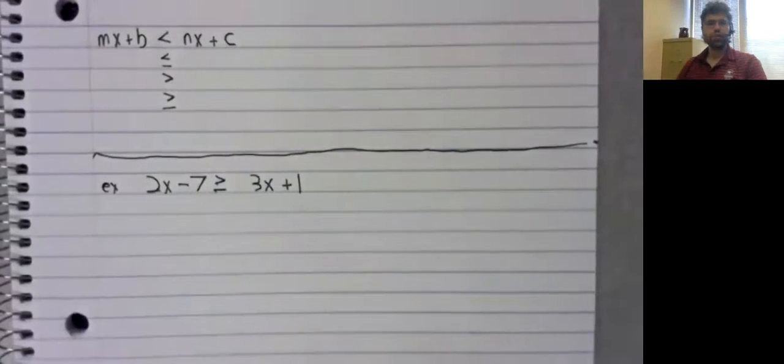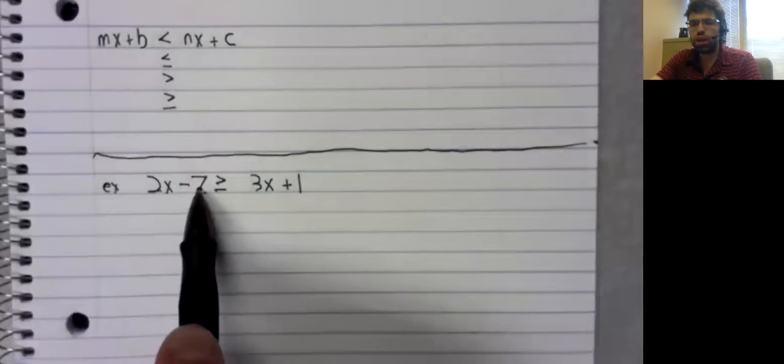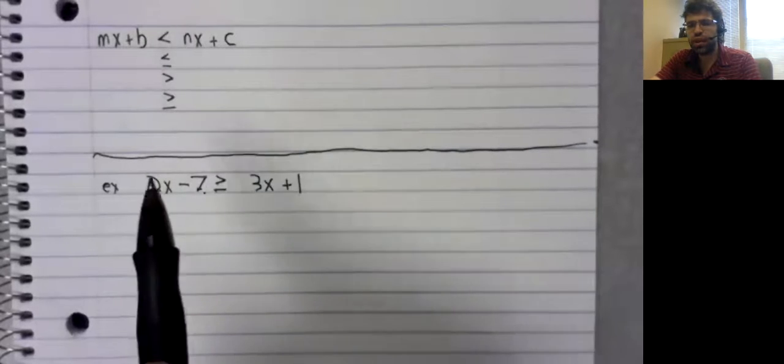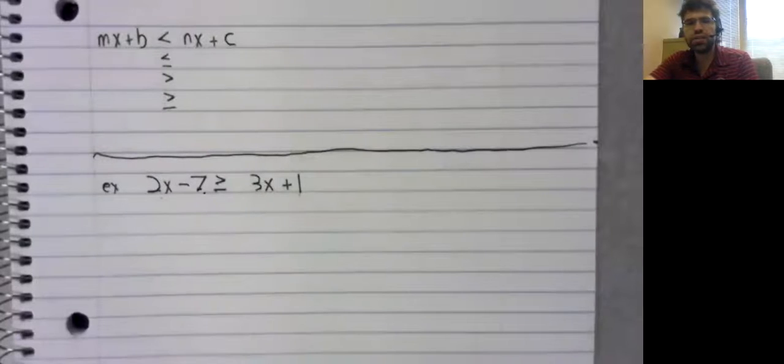And there are a few ways we can do this in terms of the precise steps that we follow. But whatever steps we follow, our goals are going to be basically the same. We want to combine these constants, and we want to combine these x's.